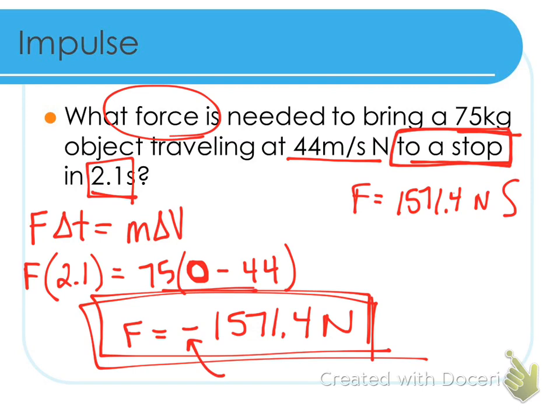If we're going north and we want to come to a stop, the force has to oppose that. So it could be friction, it could be an applied force of some kind. It doesn't really matter to us what type of a force it is, but something is opposing that velocity to slow it down and bring it to a stop. So we have to include the negative there or the south, okay? One or the other, but not both.